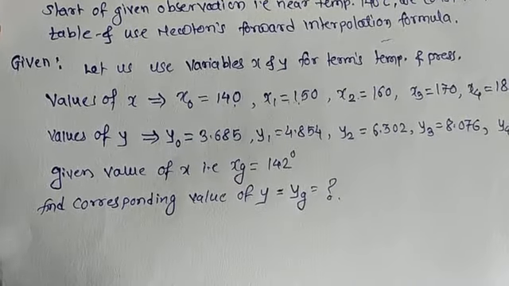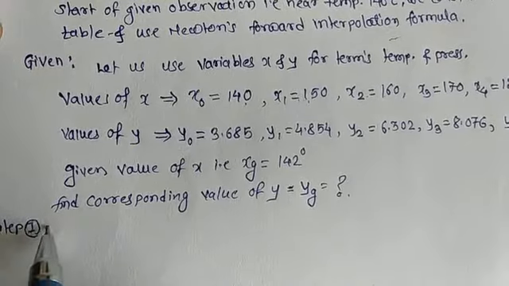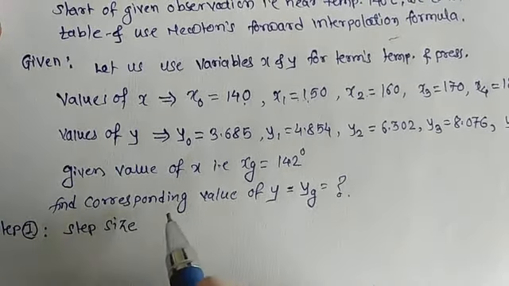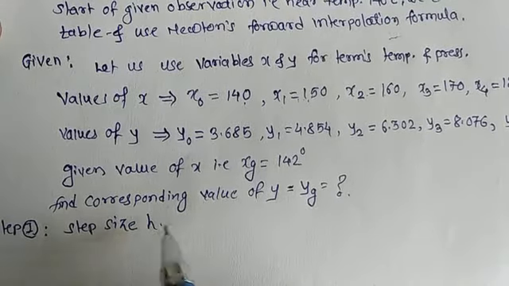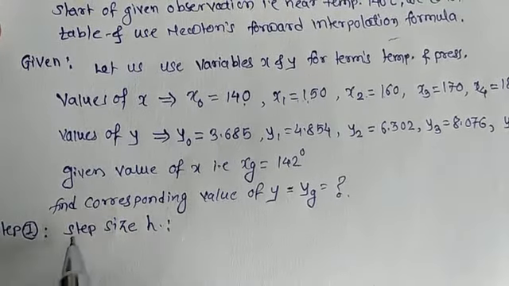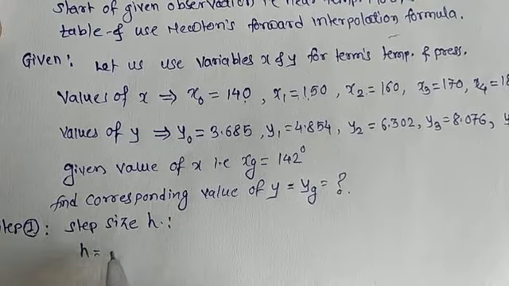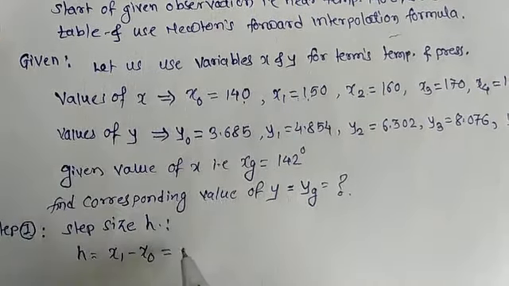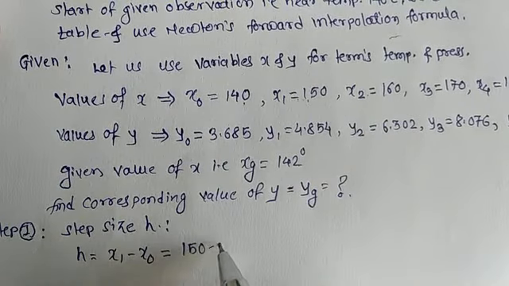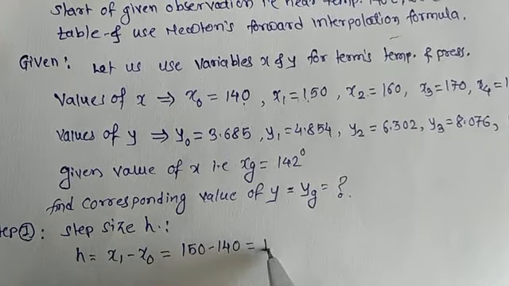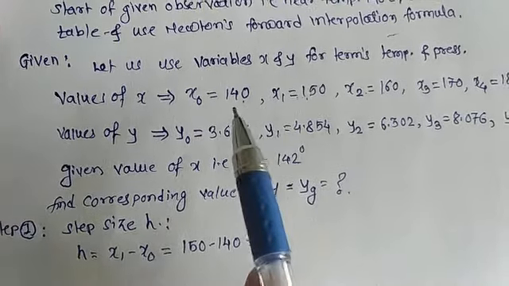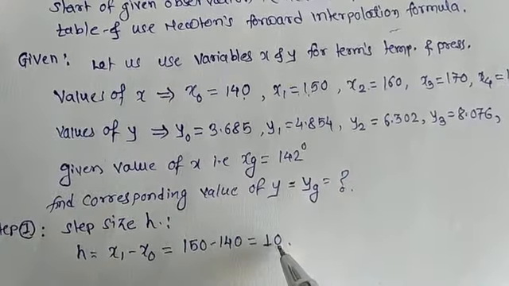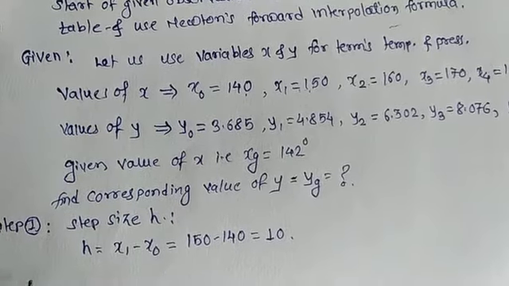First, in step 1, we find the step size, that is h. The formula is x1 minus x0, so 150 minus 140, which is equal to 10. The difference is 10 in each value of x.